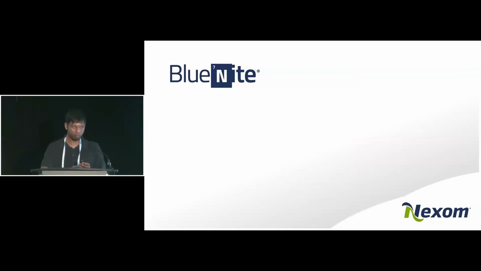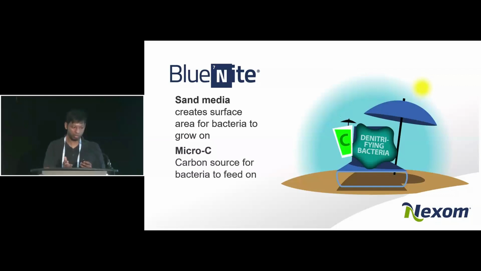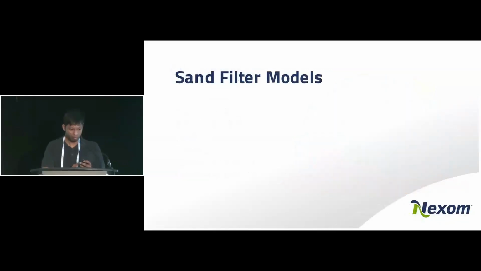When it comes to the Blue Night for nitrate removal, the sand media acts as a surface for bacteria to grow. And instead of chemical, we use micro-C as a carbon source for bacteria to feed on. The sand filters can be installed in FRP tanks or in concrete.